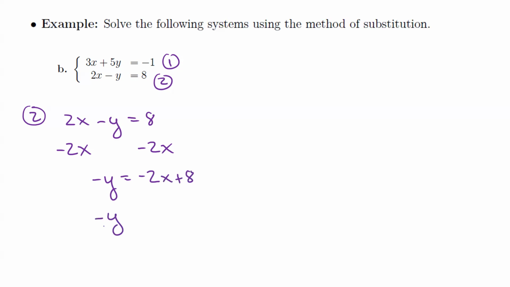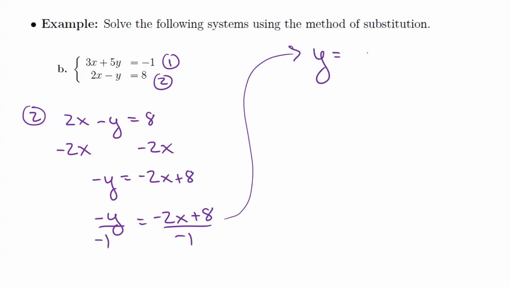So negative y divided by negative 1, negative 2x plus 8 divided by negative 1. So y is equal to positive 2x minus 8.